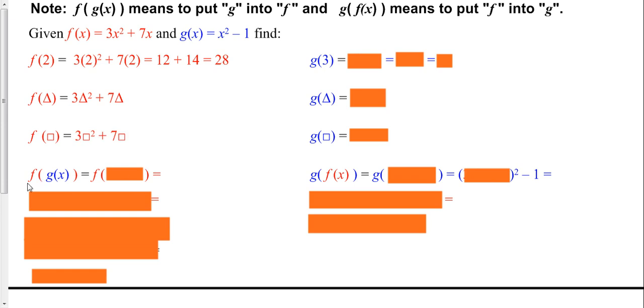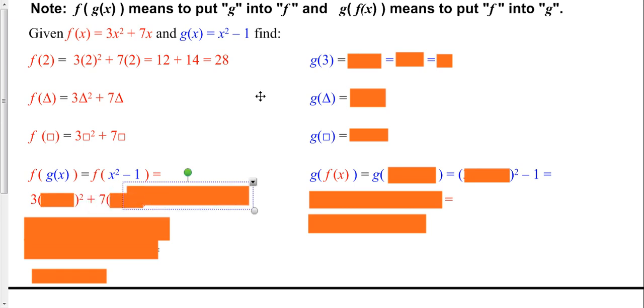When we're looking at f of g of x, it means we go to our f of x and replace all of our x's here with what g of x is, which is x squared minus 1. So we replace this x right here with an x squared minus 1, and this x right here with an x squared minus 1, because that's what's in our parentheses.